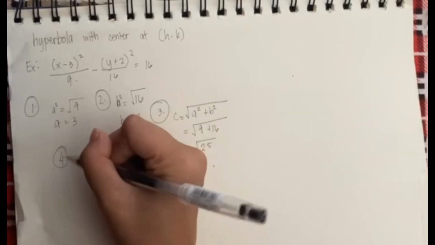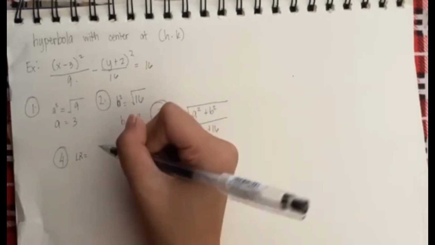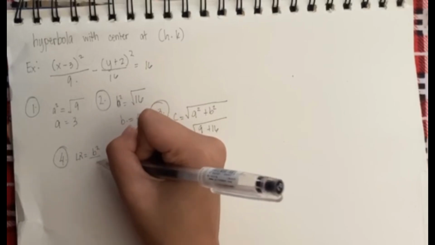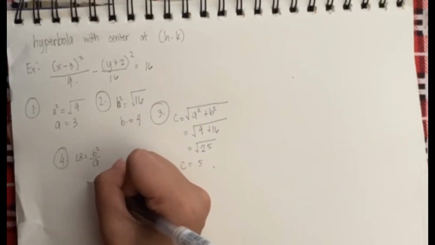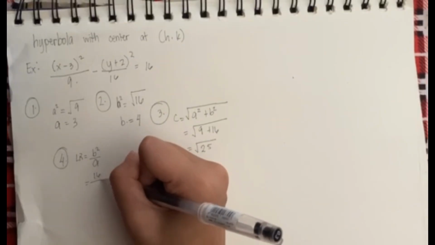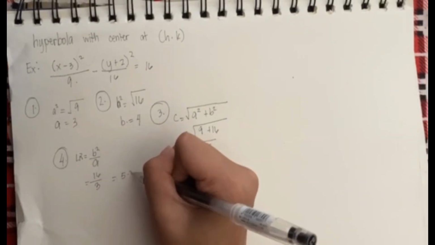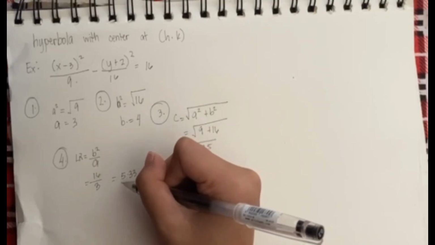Now let's move on to the LR, for which you're going to use the formula b squared over a, then substitute. So it will become 16 over 3, then divide: 5.33.